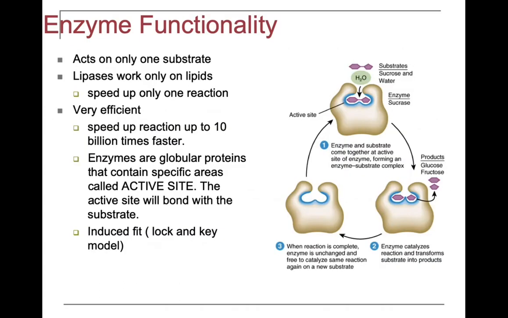So here on the top, we can see that we have the substrates. You have sucrose, which is sugar, and water. Now we have an enzyme called sucrase. Well, sucrase, the enzyme, is going to work on sucrose. Remember, sucrose is glucose and fructose combined, and water.